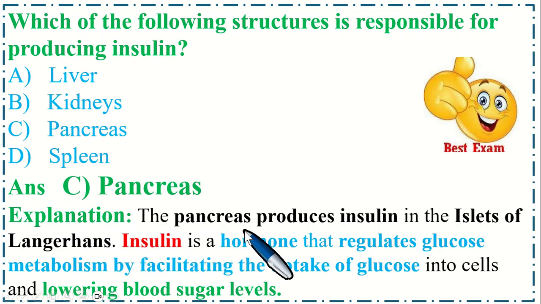Explanation: the pancreas produces insulin in the islets of Langerhans cells. Insulin is a hormone that regulates glucose metabolism by facilitating the uptake of glucose into cells and lowering blood sugar levels.